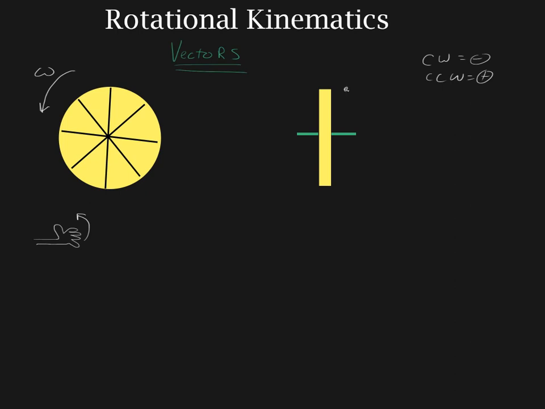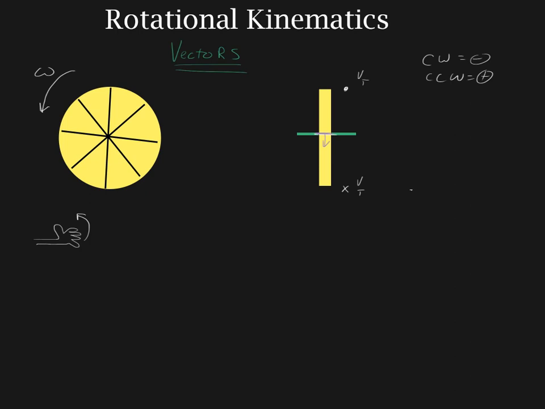So it comes out of the page on the top and it goes into the page on the bottom, V tangential. Okay, it's out of the page on the top, into the page on the bottom, and at this point right here, the tangential velocity would be pointing straight down.